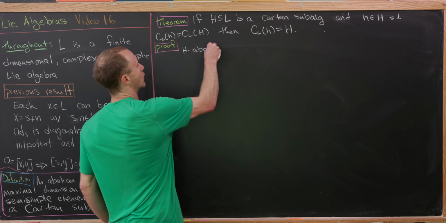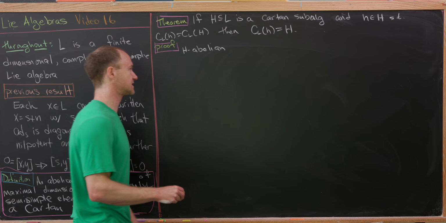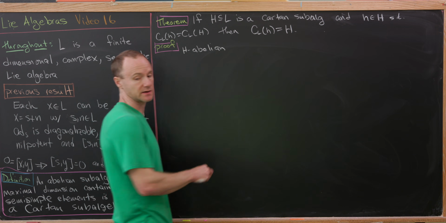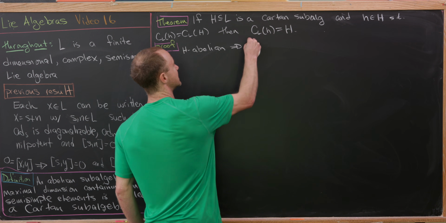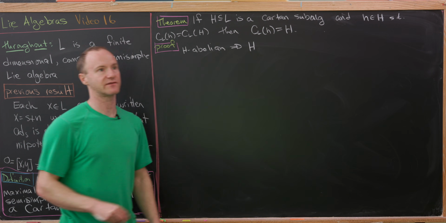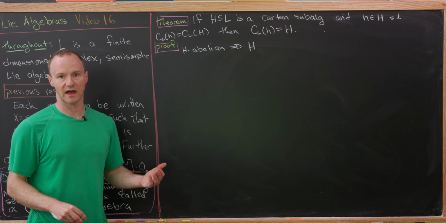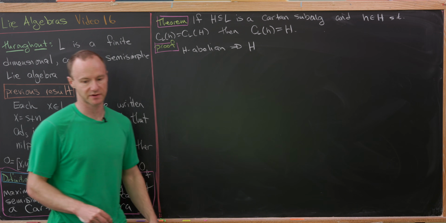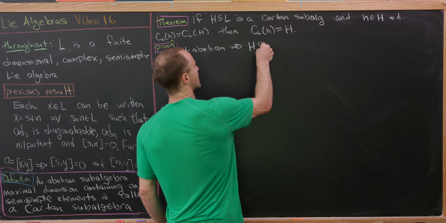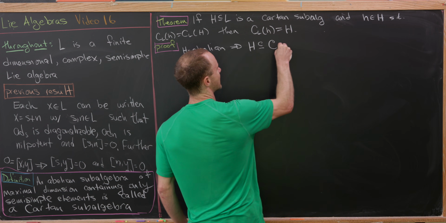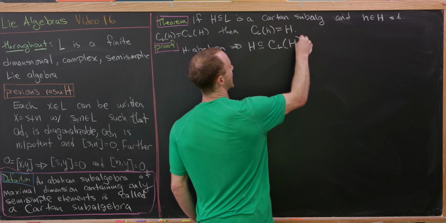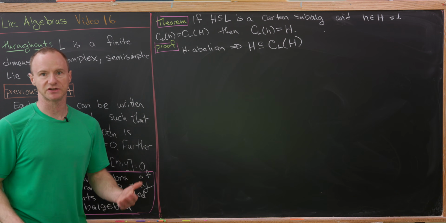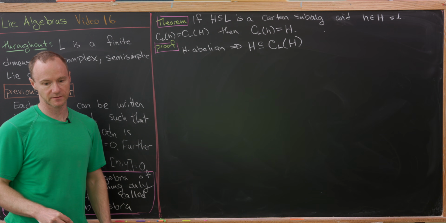So let's recall that one of the things about a Cartan subalgebra is that it's abelian. But since it's abelian, everything inside of the Cartan subalgebra commutes with everything inside of the Cartan subalgebra. So that means that the Cartan subalgebra is a subalgebra of CLH, the subalgebra of everything that it commutes with.